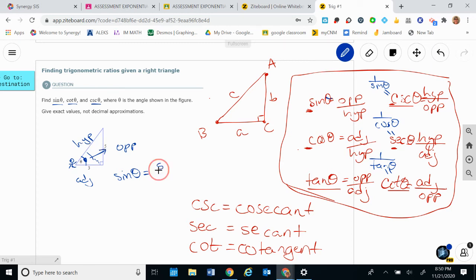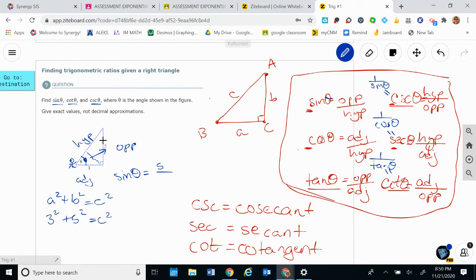So it's going to be 5 over the hypotenuse. We don't have it. We have to find it. So we're going to have to use the Pythagorean theorem. The Pythagorean theorem is your best friend when working with right triangles, as is trig. So 3 squared plus 5 squared equals c squared.